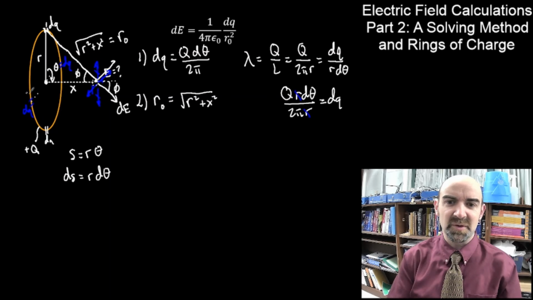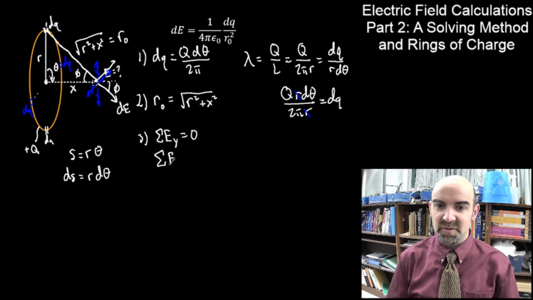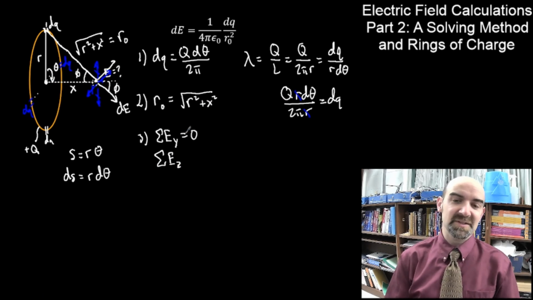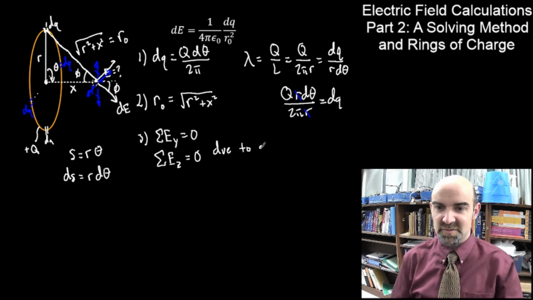So it would be important to note here for part 3 of the method that the sum of all the electric field in the Y direction is 0, and in what I'm going to call the Z direction, I'm calling this one coming out of the circle X. So our Z directions are also 0 due to symmetry of those charges on all sides.